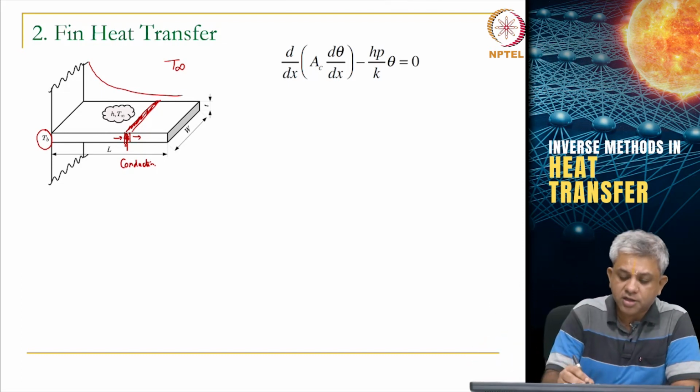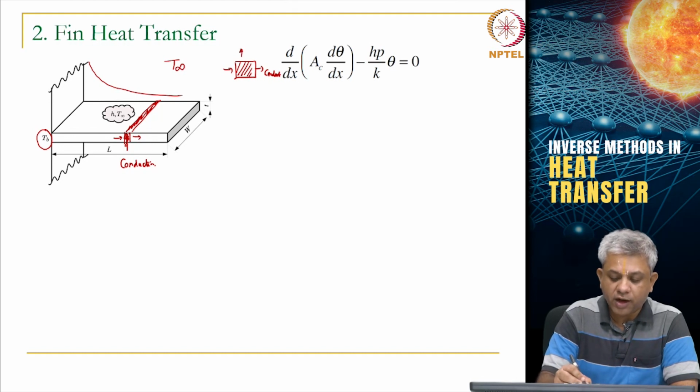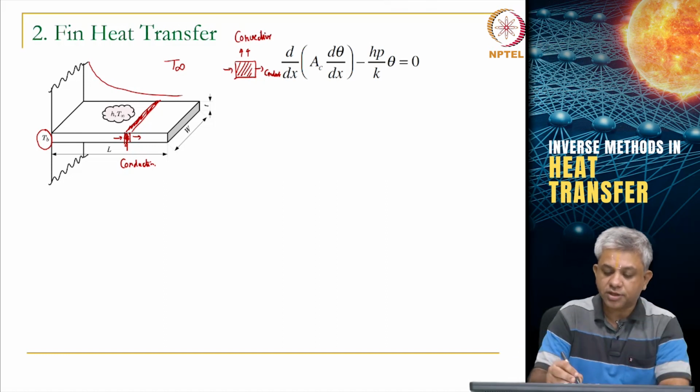So, if I look at the small element, you have conduction going on in this side, but you have convective losses here, and energy balance gives you this equation.